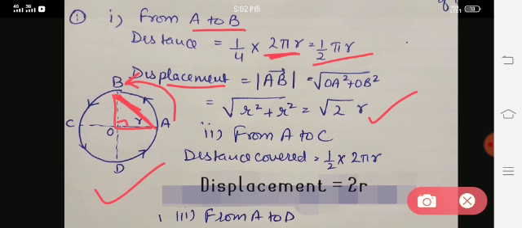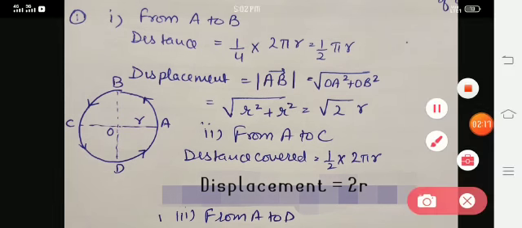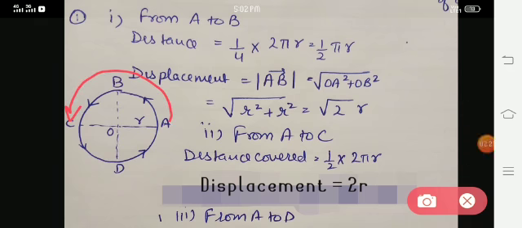Now case 2 comes, where we have to find the distance from A to this half circle point C. So again you will find the circumference for this half circle, then you will find the distance covered from A to C. It will be equal to pi r.